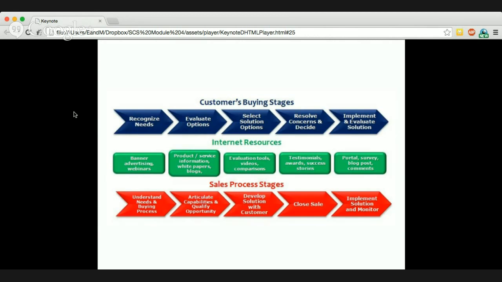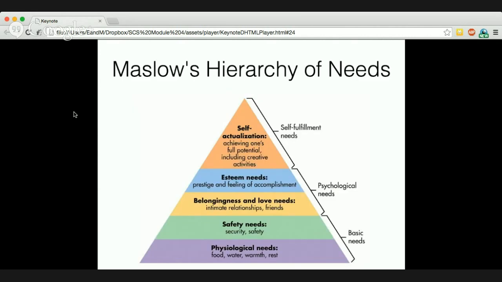Now, before I go on to this next slide, let's talk for a minute about the difference between a B2C sale and a B2B sale. So in B2C, you're selling to an individual. This individual pulls out their wallet and they take out their credit card or their cash and they pay you. They are the decision maker.